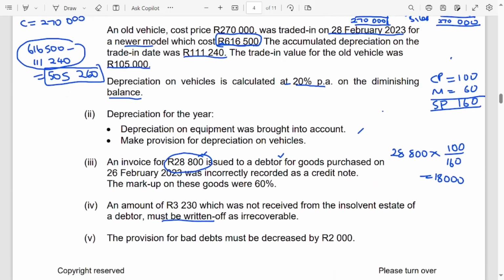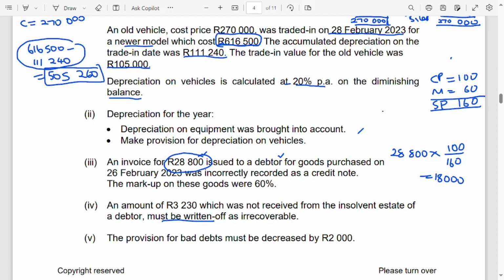Roman figure 5. Provision for bad debts must be decreased by 2,000. When we are doing the provision for bad debts, if the provision in the adjustments is bigger than the one in the trial balance, that difference is going to be the provision for bad debts adjustment, which is recorded under expenses.